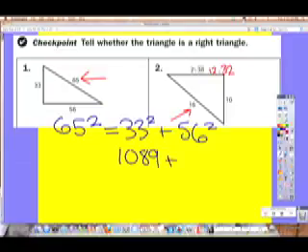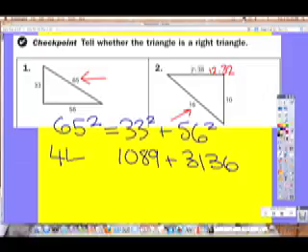I just found out what they were when I squared them. And then you add those together and it equals the same, and since they equal each other, it is a right triangle.